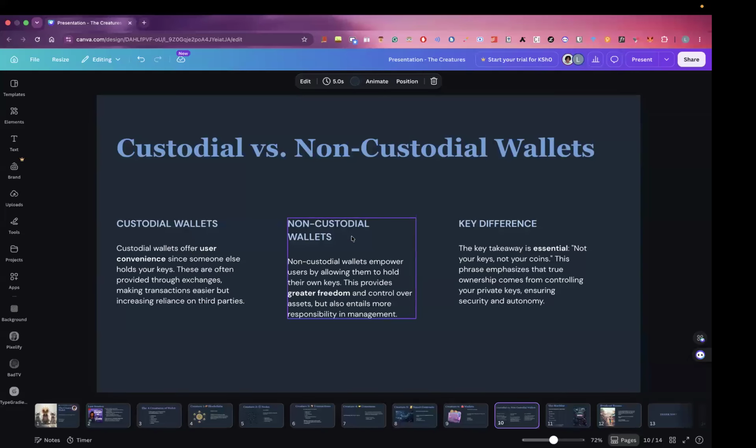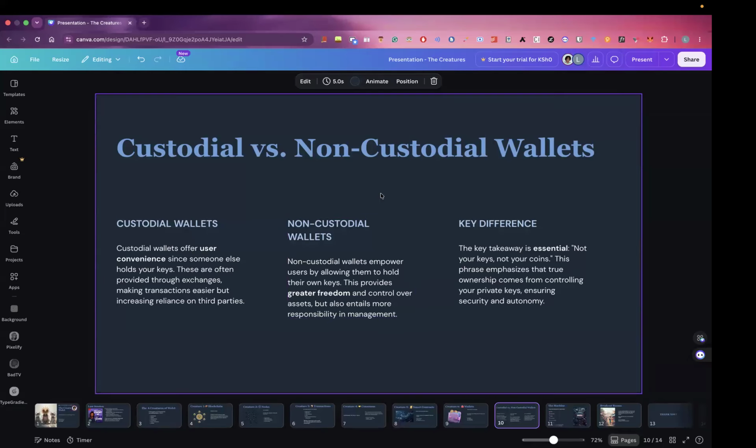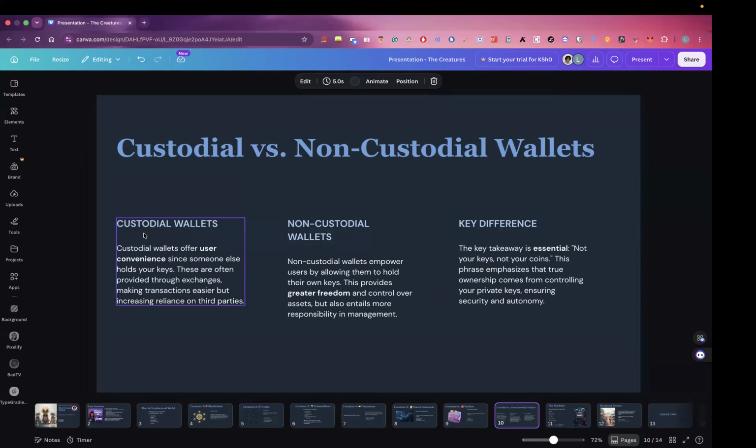We have the non-custodial wallets, which are like MetaMask. They allow you to hold your own keys. In the case of your secret key, or private key, you're the one who has access to it and control over it. Of course, they're safer because nobody else can access them, and they also require you to be more aware and more responsible.